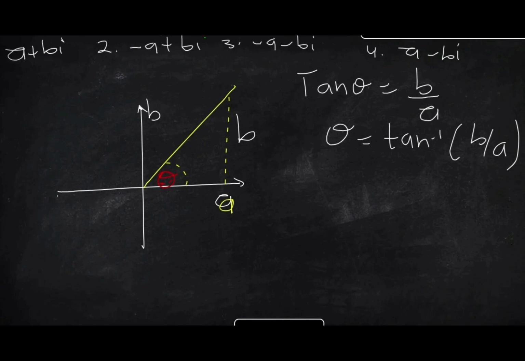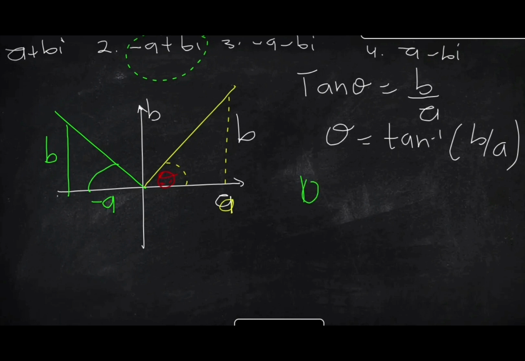So in a situation where our real part is negative and our imaginary part is positive, that means it lies in the second quadrant. We always find the angle with respect to the x-axis. So that means this angle. To find this angle, we have our negative A and we have our positive B. So we use the same idea.